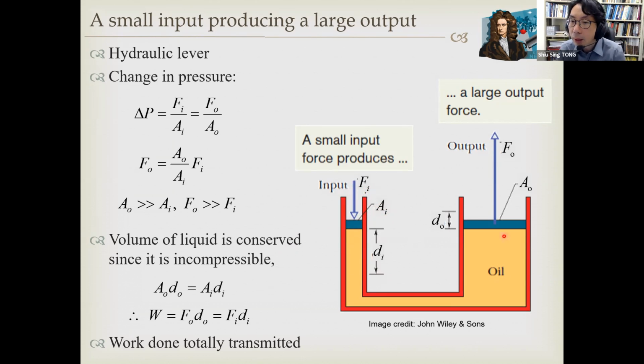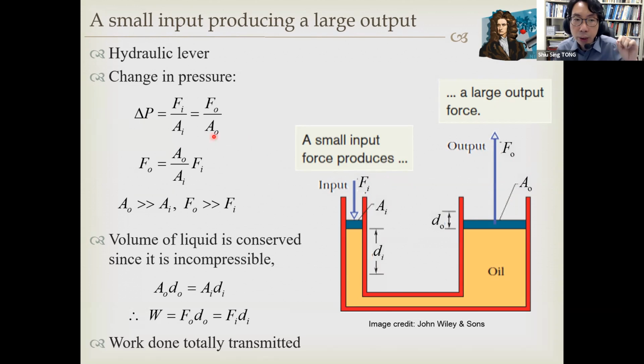On the other side, I put the heavy object. This other side has a much larger cross-sectional area, which I denote by A_o. And the output force, I denote it by F_o. So the input force is denoted by F_i, the output force is denoted by F_o. Now we are going to find the relationship between the two.